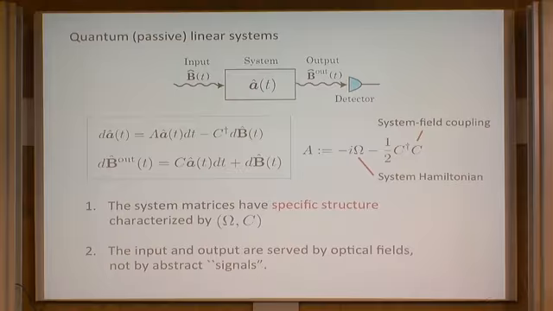In the classical case, we do not care about the physical state of the input and output. But in the quantum case, it is actually important to think about the state of the input and output field, because this is the physical input and output. So actually, we will get some interesting observations on this point later on.